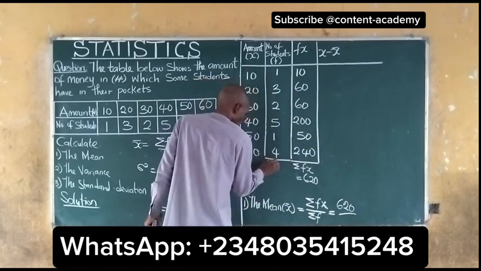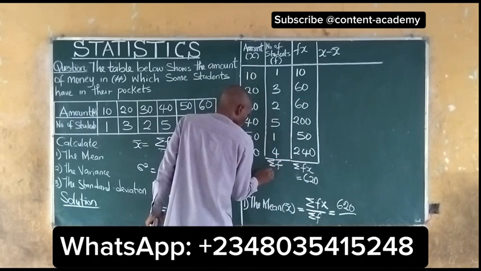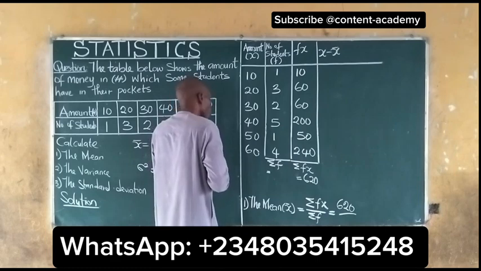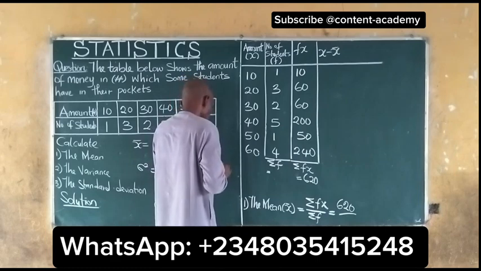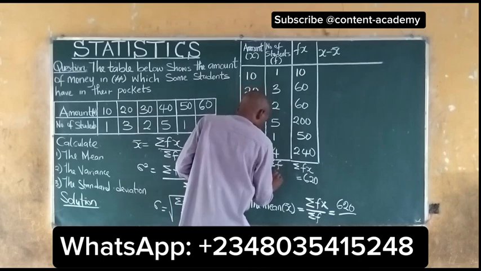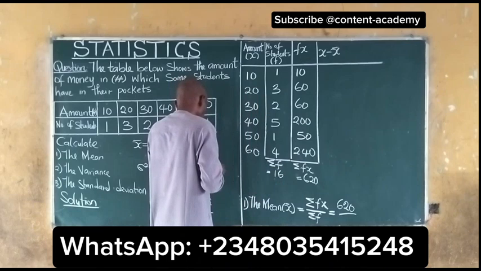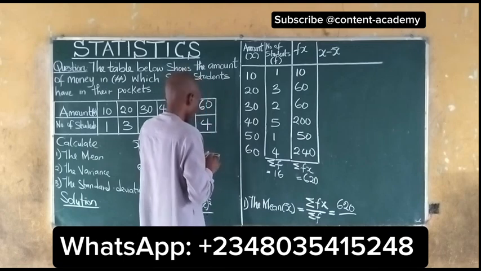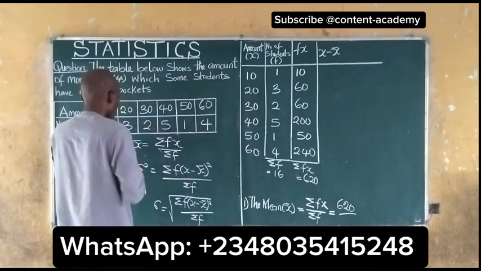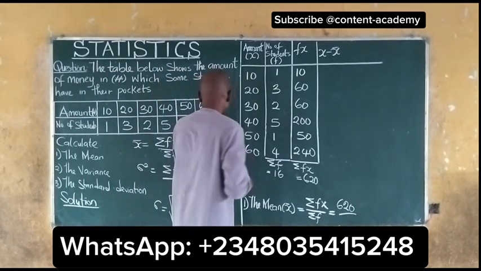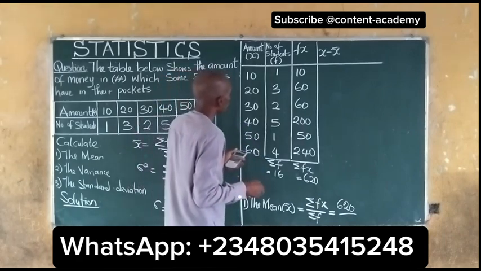Summation of f is equal to, we have to add the whole of this: 1 plus 3 plus 2 plus 5 plus 1 plus 4. We have 16.